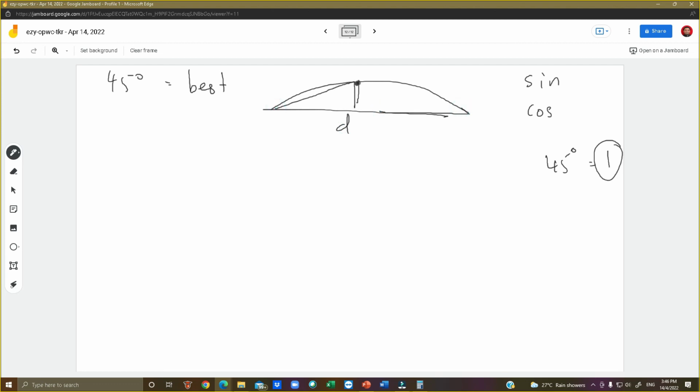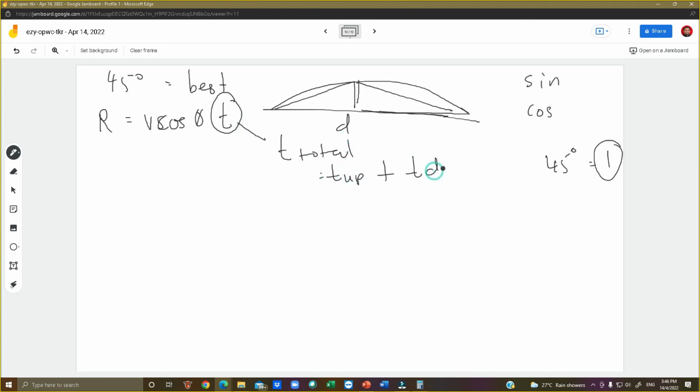Without using these two, kita nak tahu apa boleh pergi. Formula dia ialah, okay, so usually we are going to use R, range equals to V cos theta T. And T here is T total, means T up plus T down.